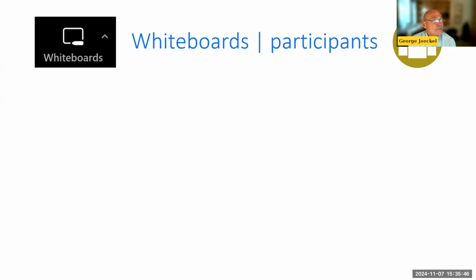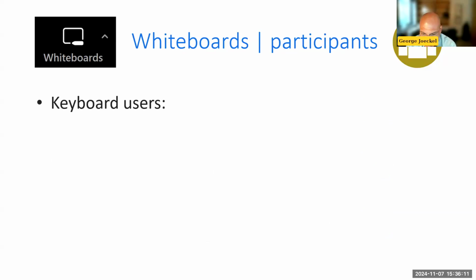All right. So the last tool that we're going to look at is the whiteboards tool. The whiteboards tool in Zoom is actually very accessible, especially compared to some of the whiteboards that I've seen in other similar types of software.